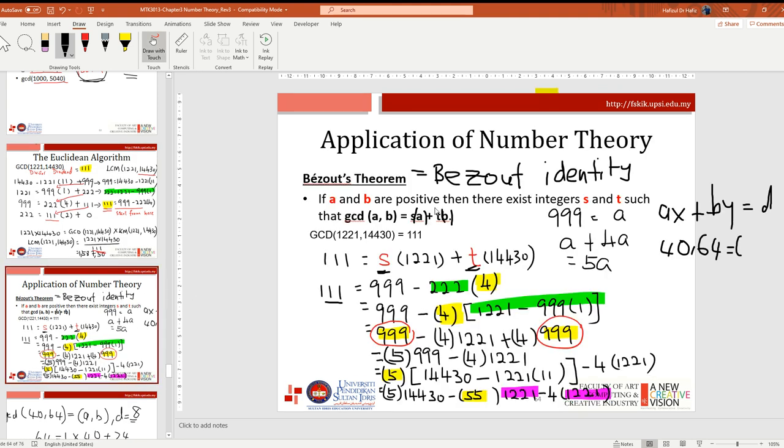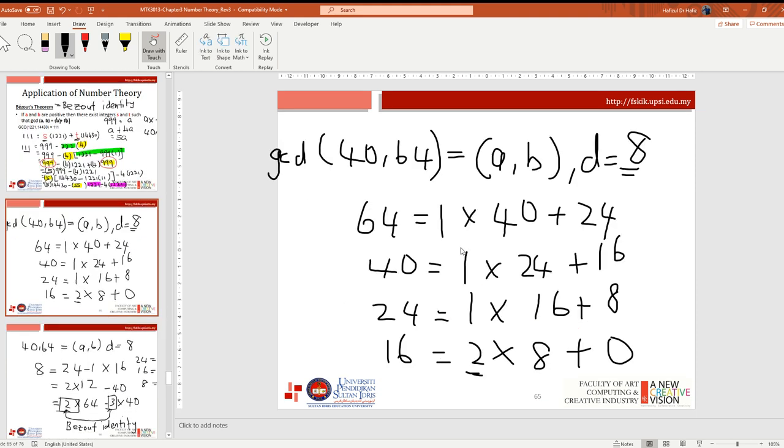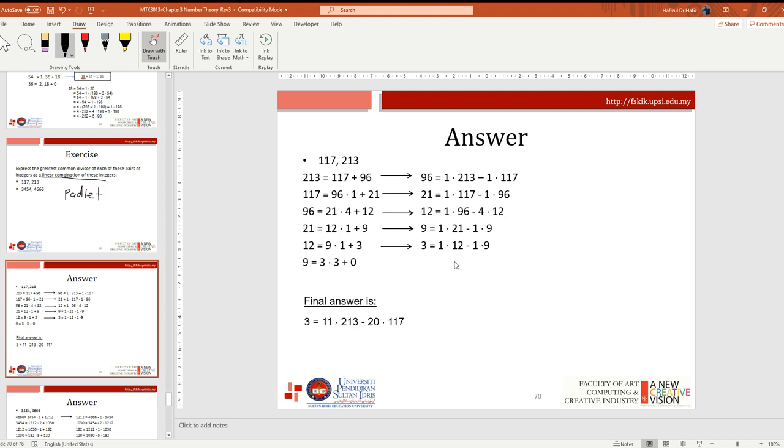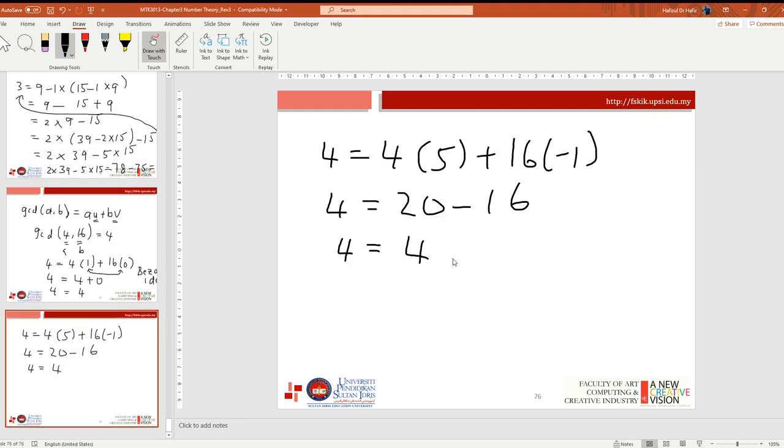If A and B are positive, then there exist S and T, yang ni kita gunakan A and B, such that GCD A and B is S A plus T B lah. S dengan T ni adalah dia punya Bezout identity lah. Okay. Boleh? Okay.